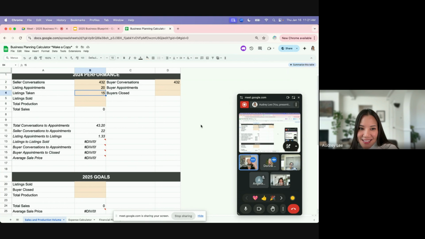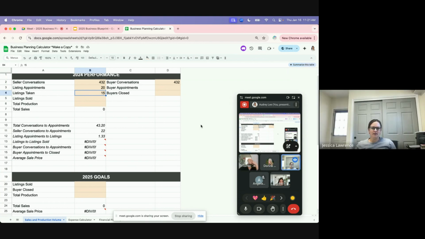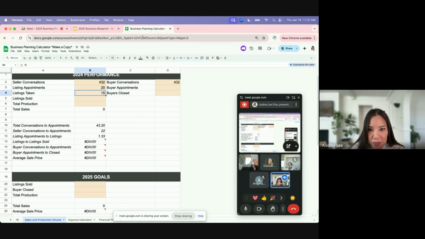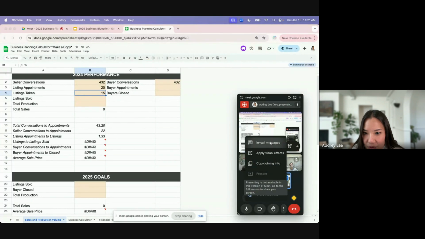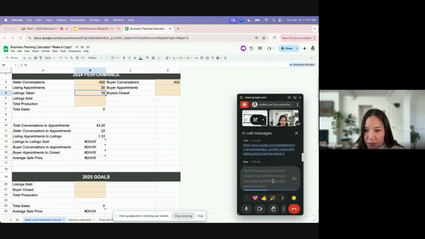Great. Angela, we're working through a worksheet right now for looking at our 2024 performance. That'll help us better predict or determine what we want to set ourselves up for 2025. So I'm going to put it in the chat for you as well, and then you can just kind of follow along.